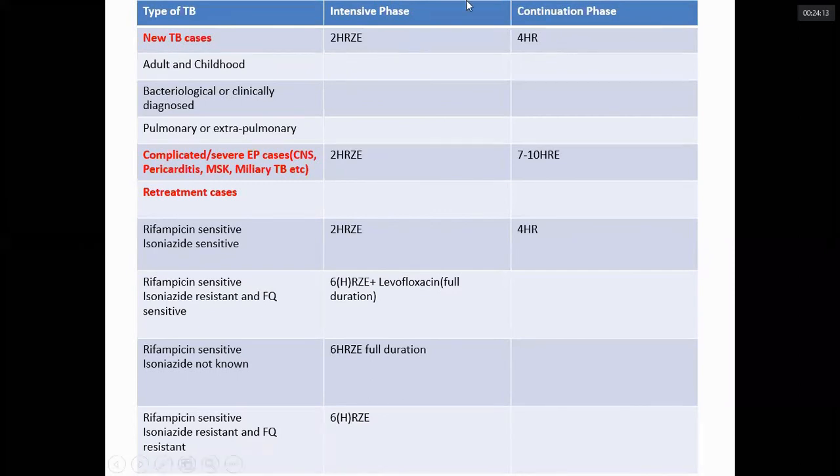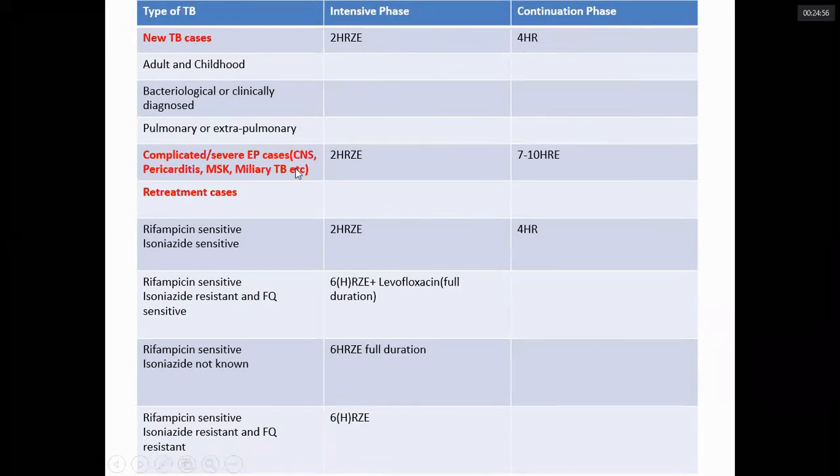If it is skin tuberculosis only, and there is no other past history of tuberculosis or treatment, then it is considered a new tuberculosis case, and we give 2 HRZE in the intensive phase and 4 HR in the continuation phase. You must already know the drugs: isoniazid, rifampicin, pyrazinamide, and ethambutol.